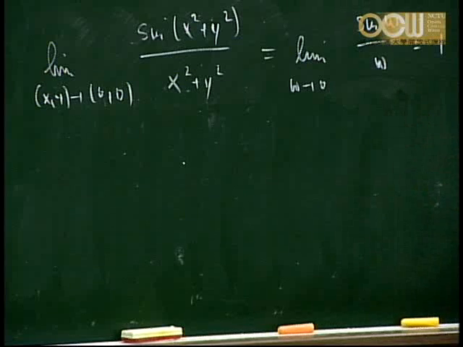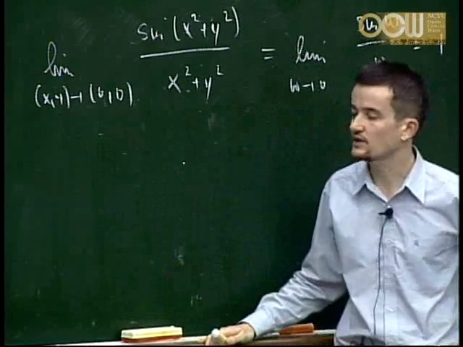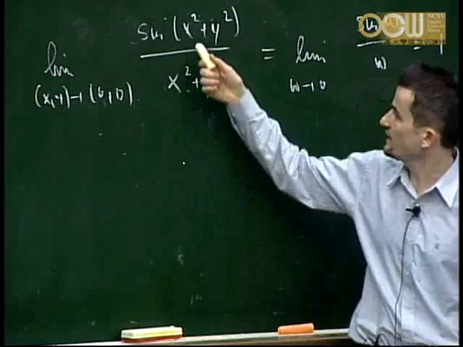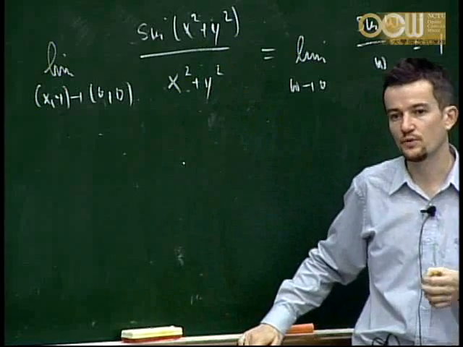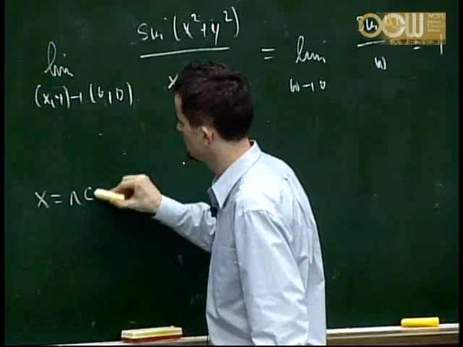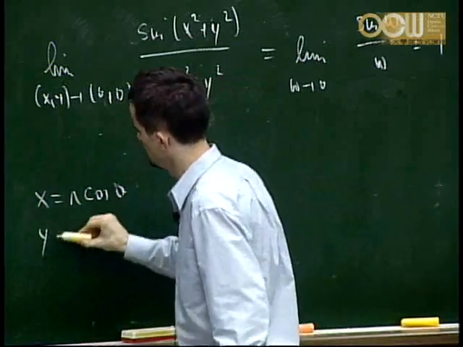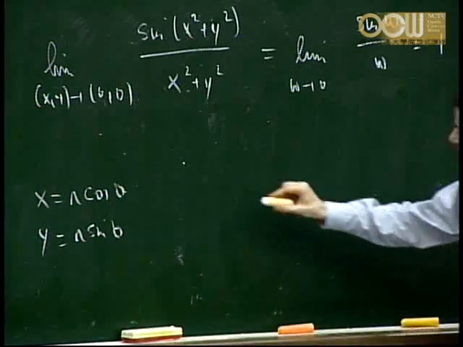Another way to do this, and this is a way which you can use quite often to handle such examples, is here you look at rectangular coordinates, but because of x squared plus y squared, it is quite natural here to introduce polar coordinates. So if you introduce polar coordinates, then you have this limit relation.